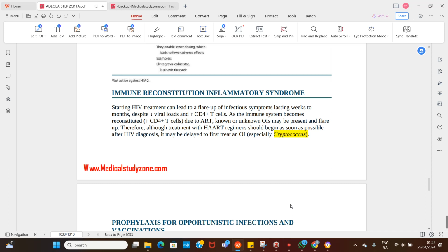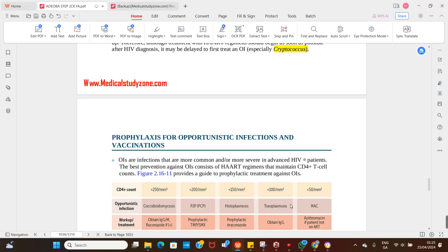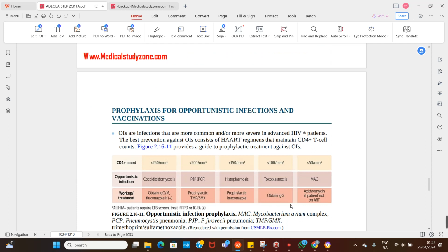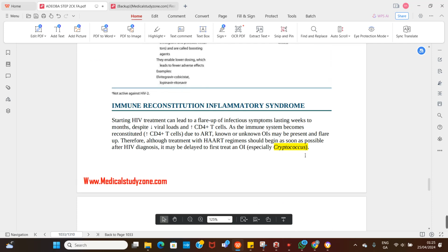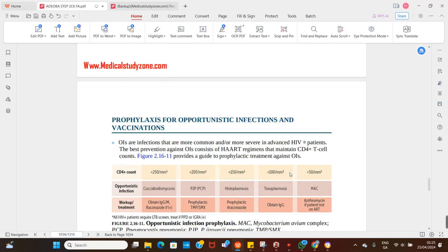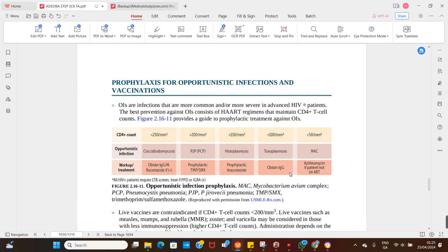It might not warrant discontinuation of the HAART, but sometimes when it's very severe and life-threatening, you might discontinue the HAART and you give steroids. So watch out for Cryptococcus, watch out for CMV retinitis, watch out for tuberculous meningitis. In these three conditions, you treat them first before you start your HIV medication, which is the HAART. Very, very important. Don't forget that.